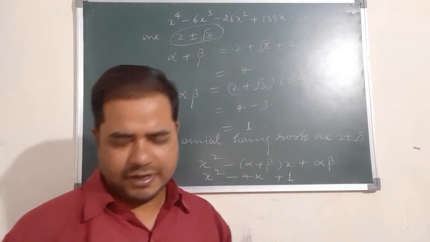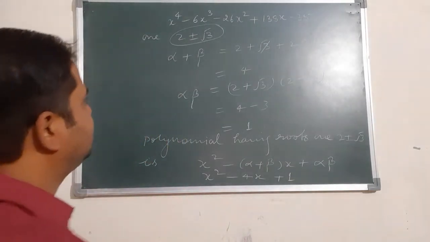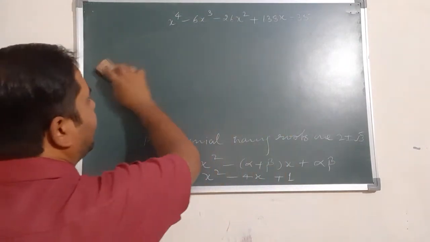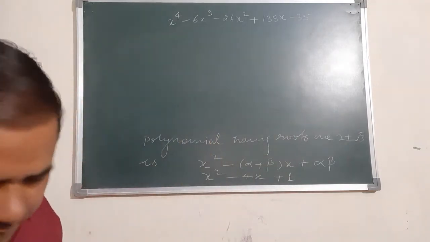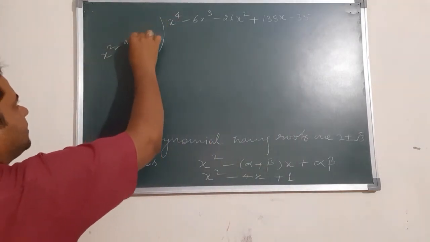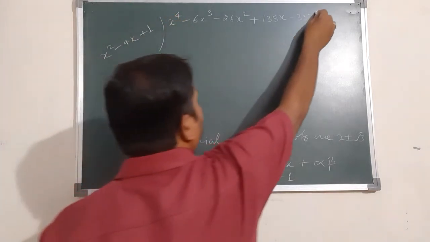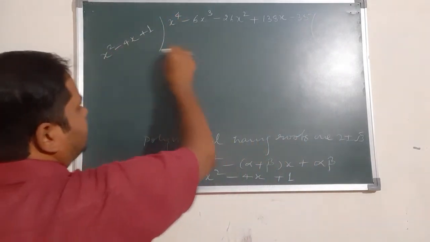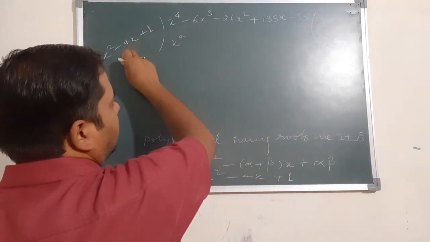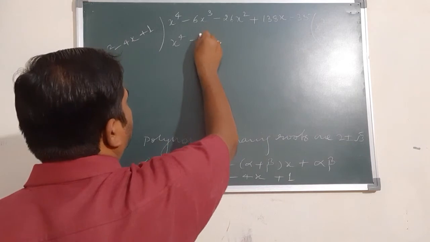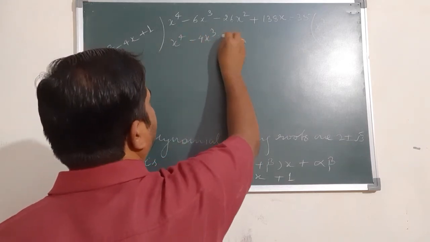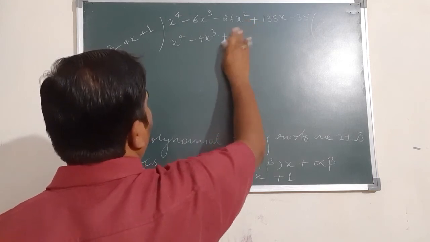Okay, so let us see. I am just going to erase it. See, you divide this polynomial by x square minus 4x plus 1. If you divide, you will get x square here: x power 4 minus 4x cube plus x square.